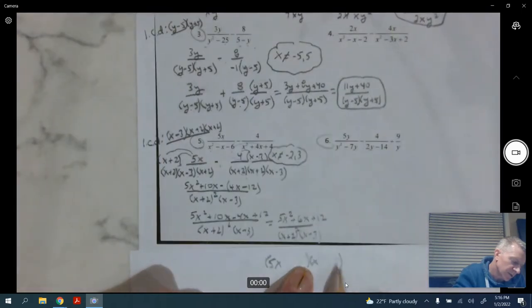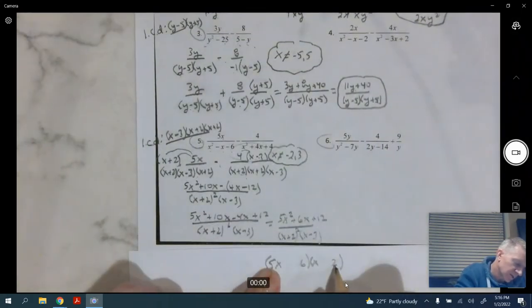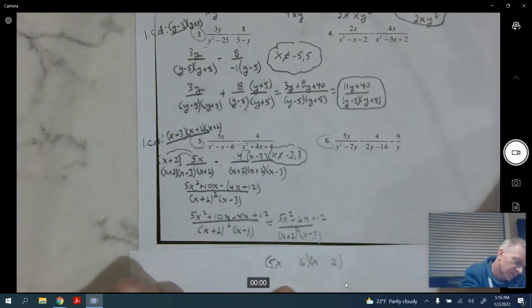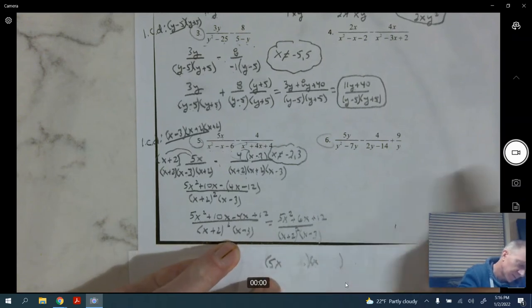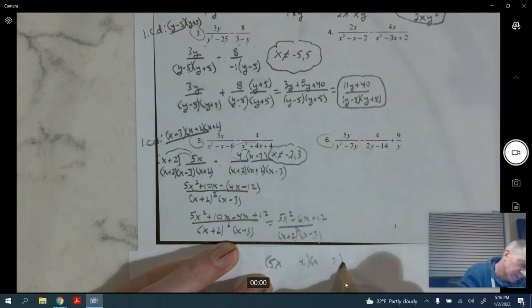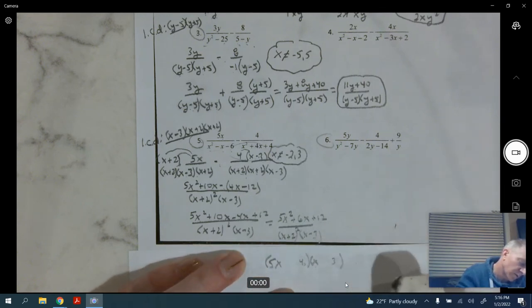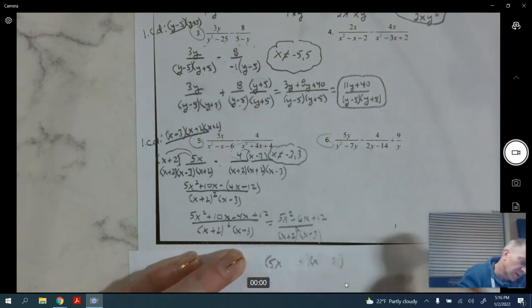They could be a 6 and a 2. What if we had a 6 and a 2? That would give us 10x and 6. No. What about a 3 and a 4? 4, 3. So that would give us... Nope. How about a 12 and a 1? I don't think that works either.